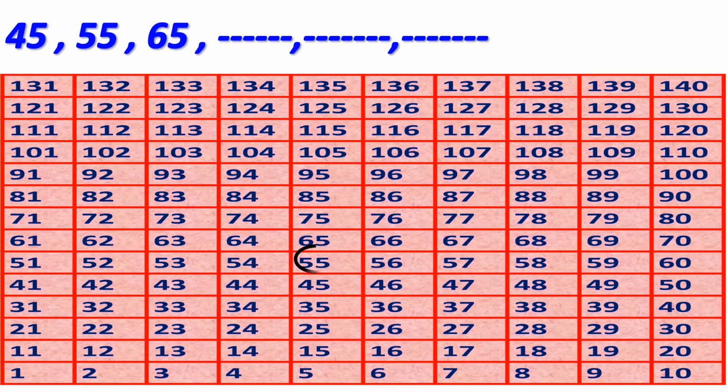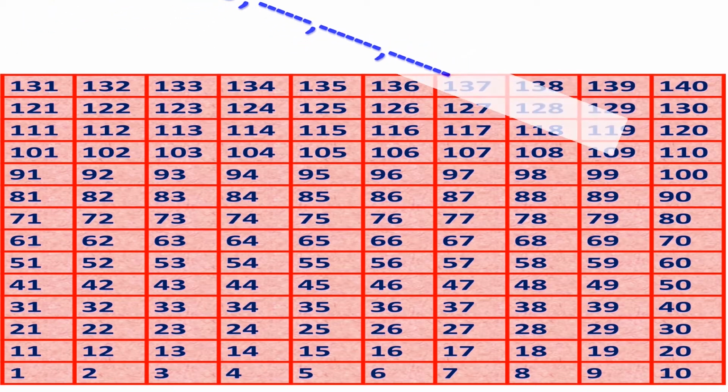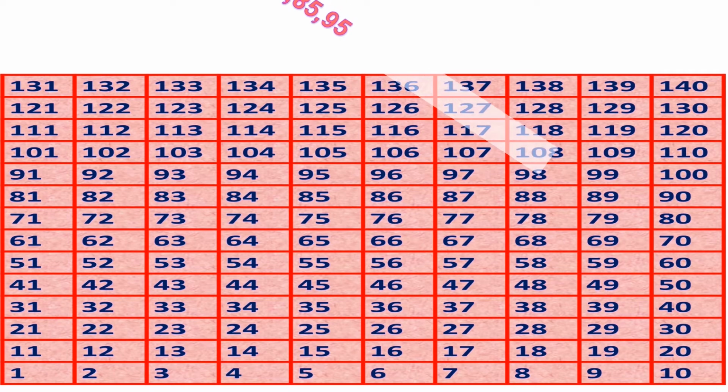We're jumping up. So what do we do? We add 10. Why? Because we're jumping up. 45, 55, 65. So the answer will be 75, 85 and 95. We add 10 because we're jumping up.